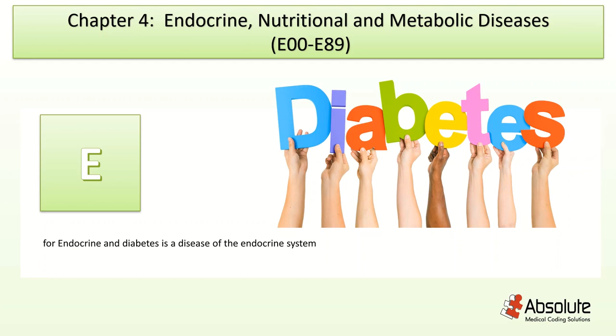And when you think of E, endocrine, think of diabetes. Hear that long E in diabetes? Diabetes is probably one of your most common endocrine diseases that you'll be coding for. So when you think of E, think of diabetes and think of any endocrine related disease.